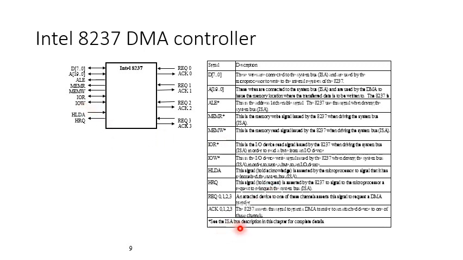See the ISA bus description in the chapter for complete details. I have already shown you some examples of the ISA bus, like the clocks, the cycles, the channel ready signal, and the other signals in the industry standard architecture of the system bus. So let's move on to the next slide.